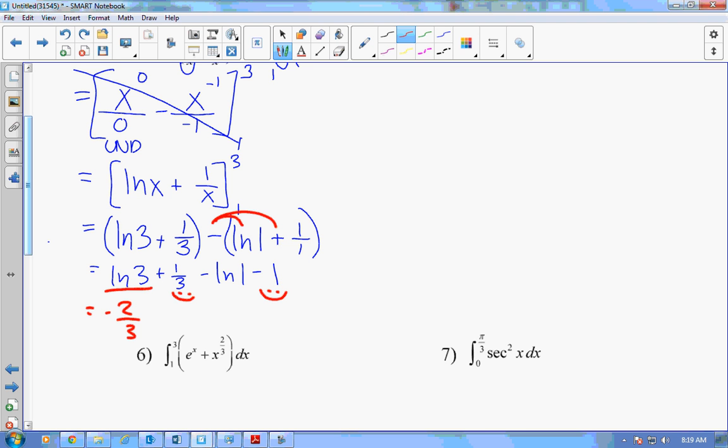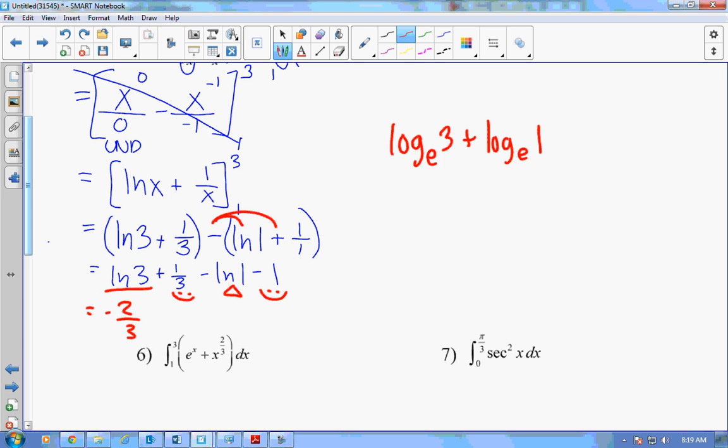Now, are natural log 3 and natural log 1 like terms? No, their parts don't match. One is log base e of 3, plus log base e of 1.